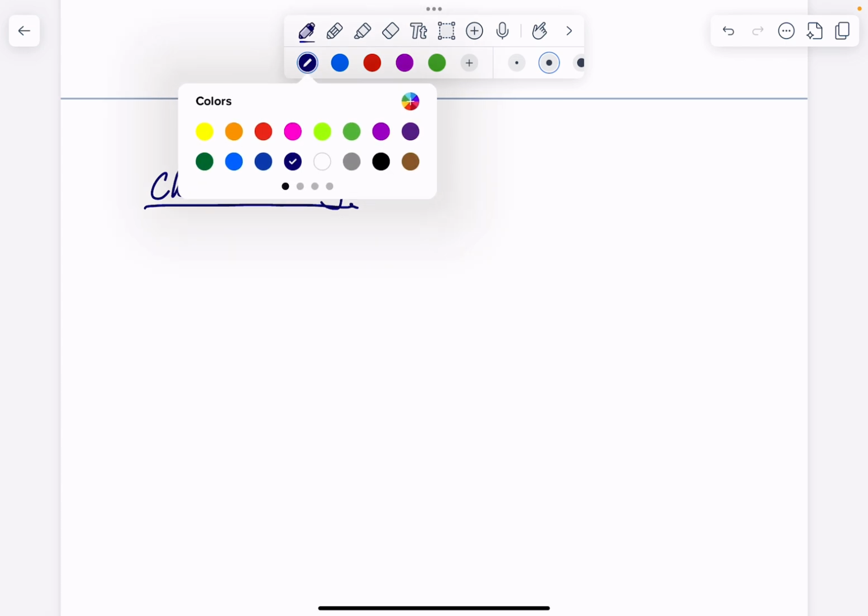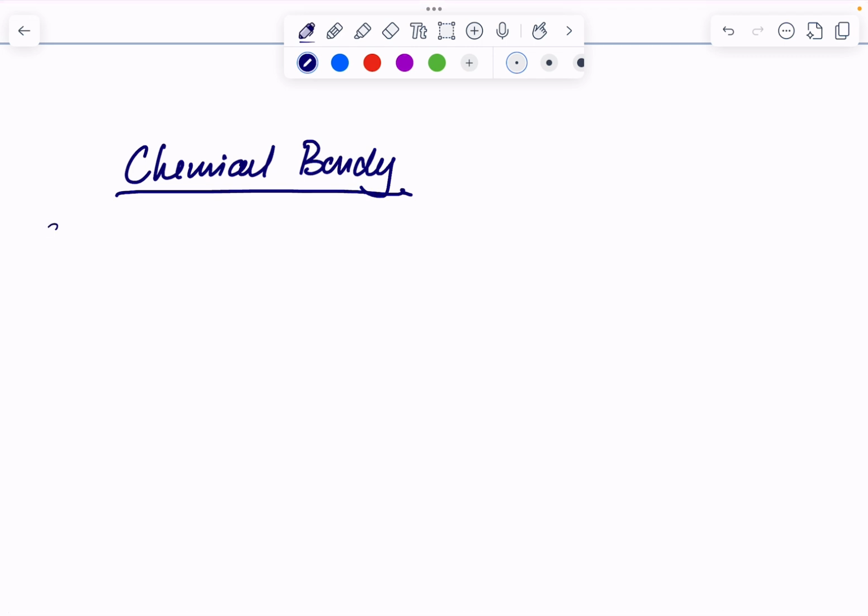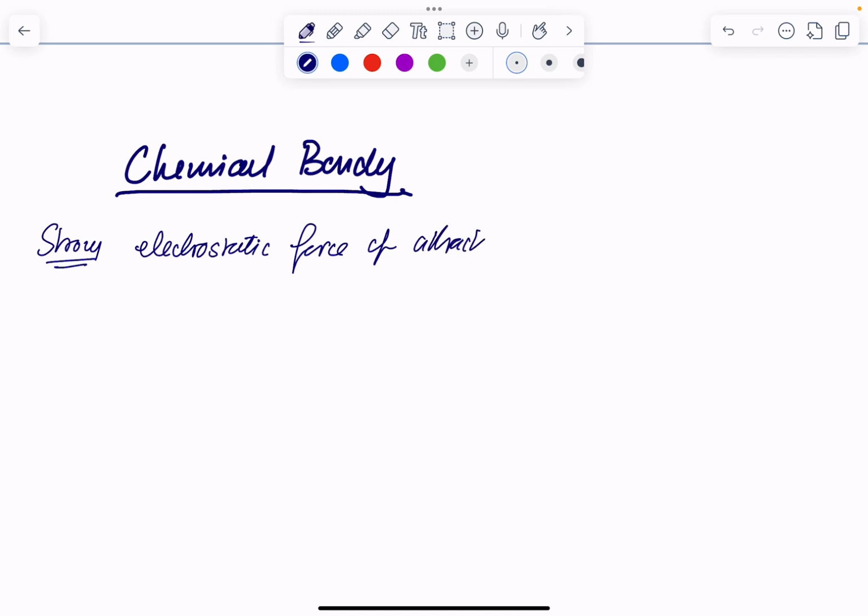All chemical bonding is a strong electrostatic force of attraction between something that has a positive charge and something that has a negative charge.